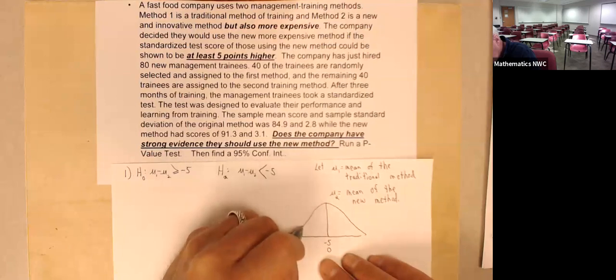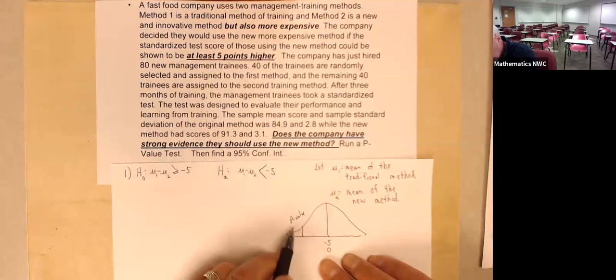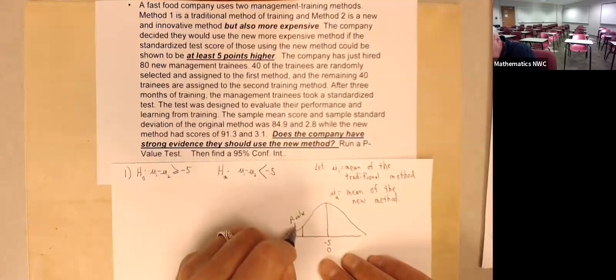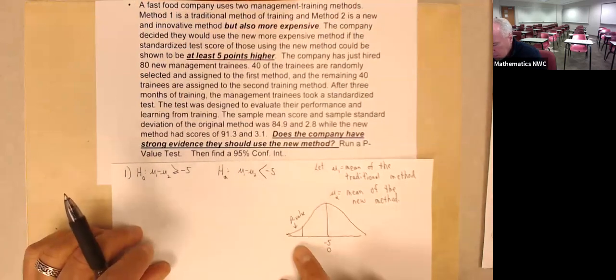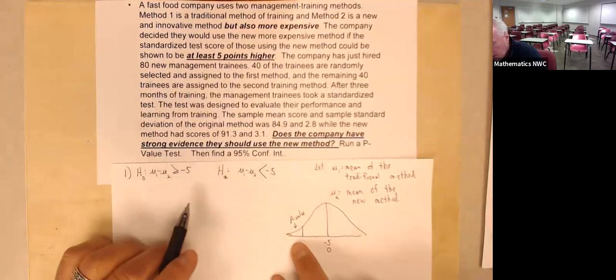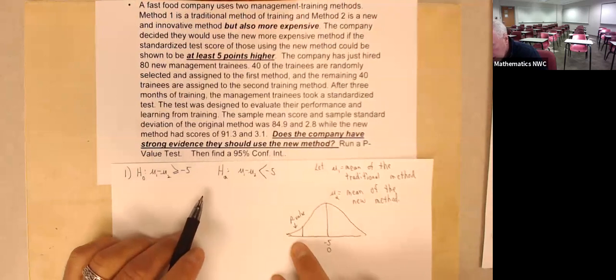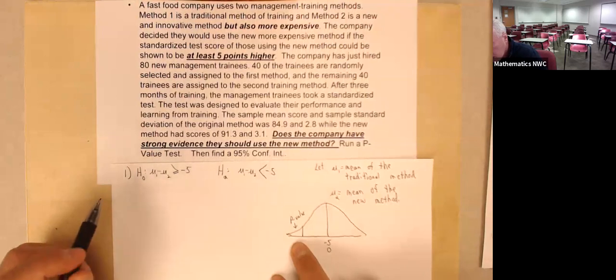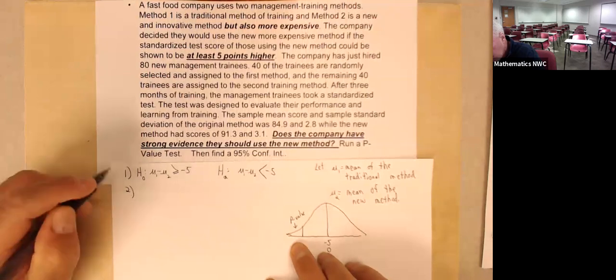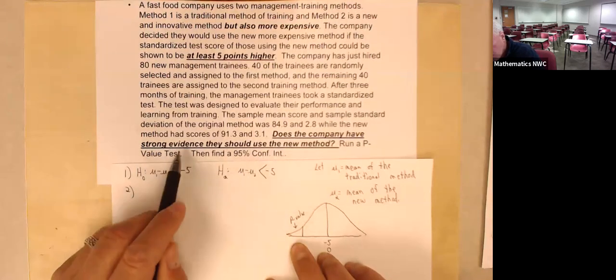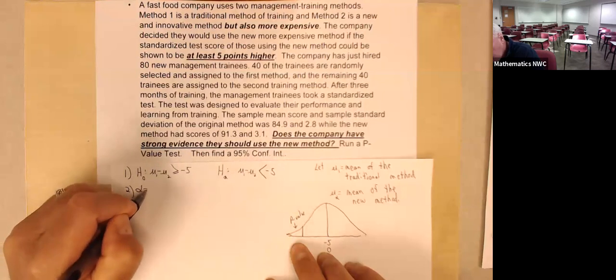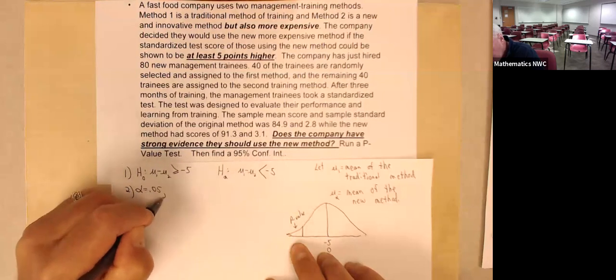The p-value test is going to have my p-value on just the left side. I'll get that p-value eventually from my, in this case, z-score. They're asking whether I have strong evidence. Strong evidence indicates that alpha is 0.05.